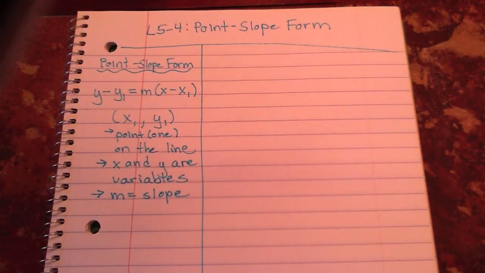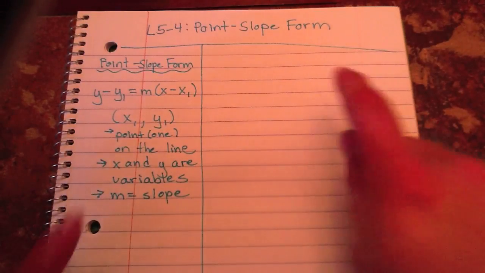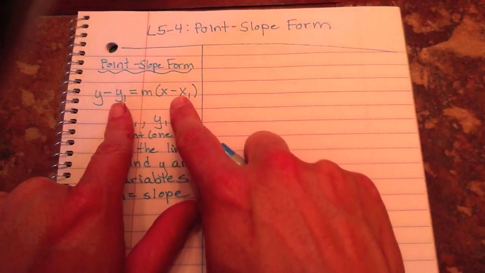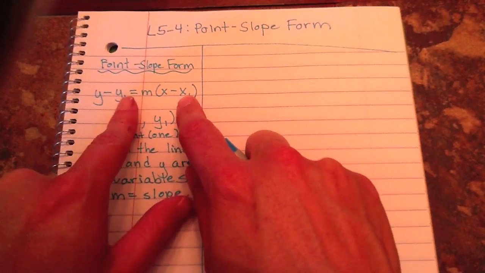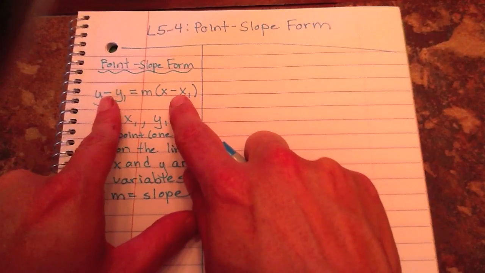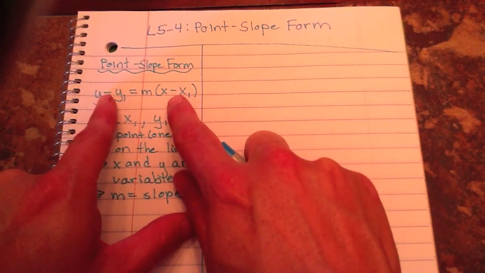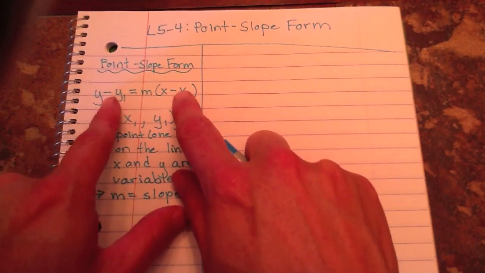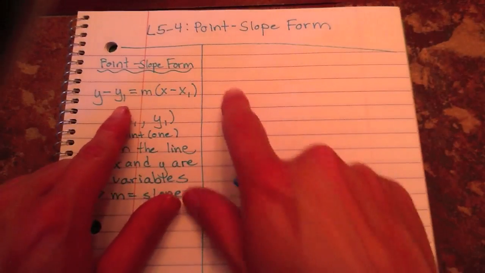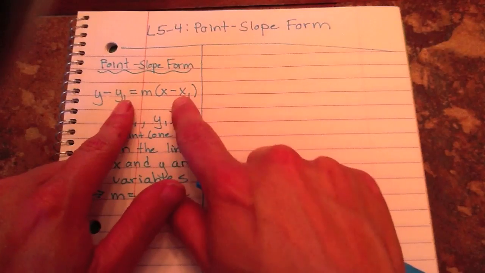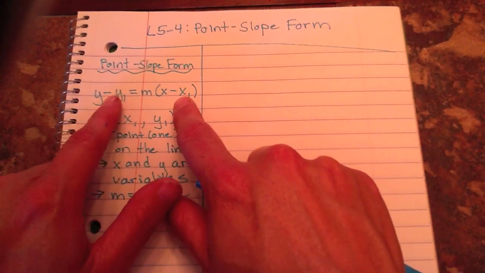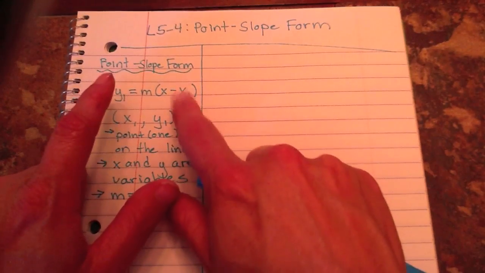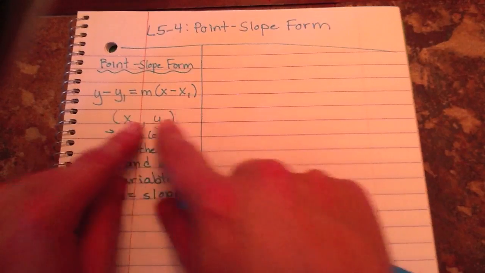The most common mistake that I see with this, right here with the point, do you see how you have a negative, a minus? When you have a negative here, it's one of the few times I'm going to say ignore it, because you actually are pulling out the opposite of what you've got. So if this was a negative 3 and this was a negative 4, you would pull out positive 3 and positive 4 for x and y.